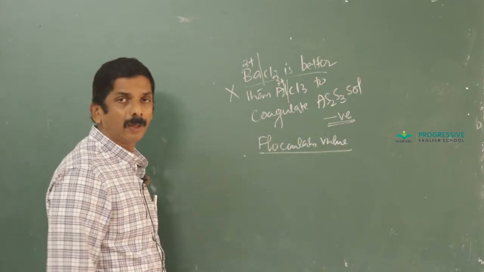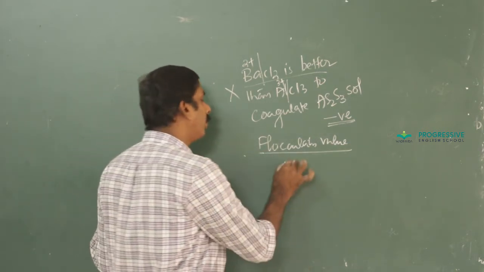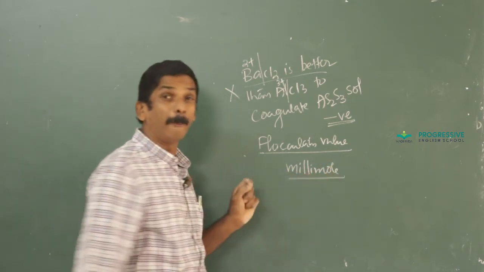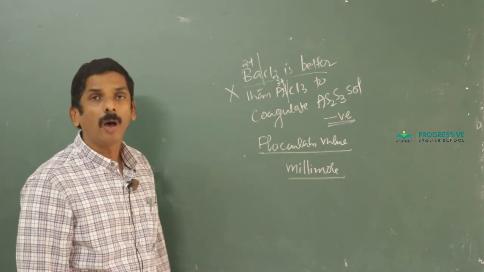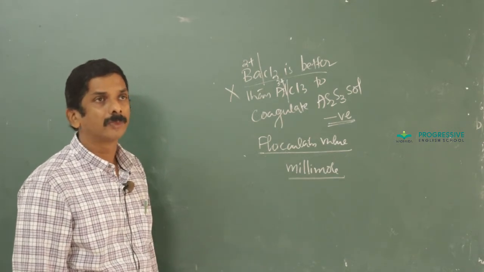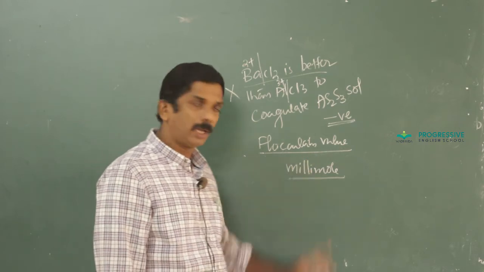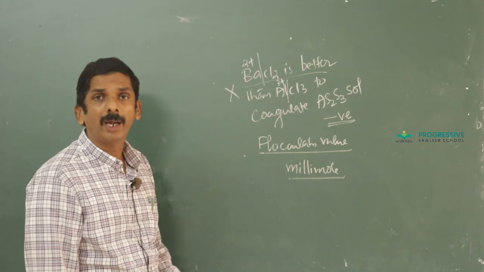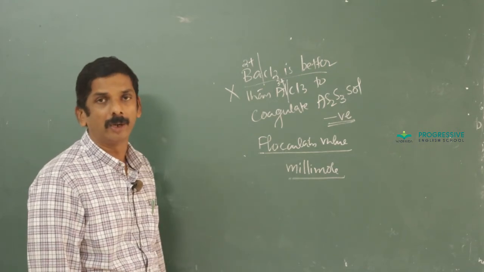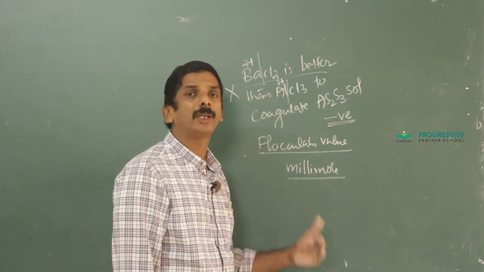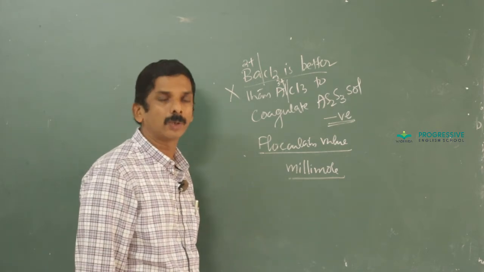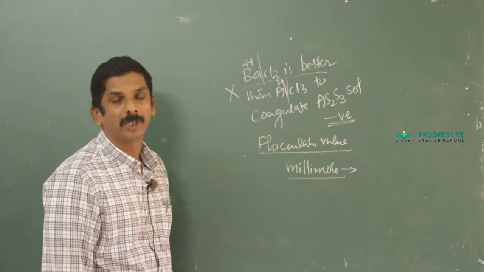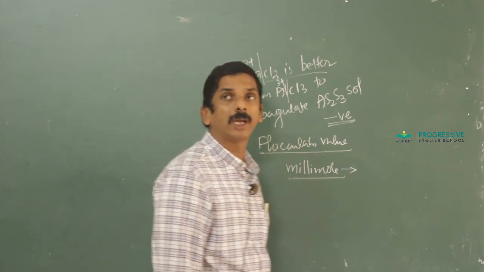It is the minimum number of millimoles, not moles, of the electrolyte added per liter of colloidal solution to bring about complete coagulation. That is called the flocculation value.